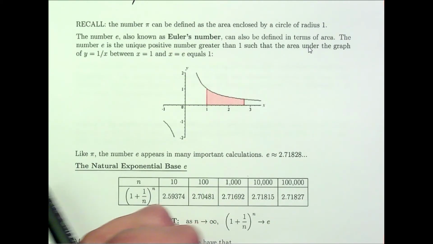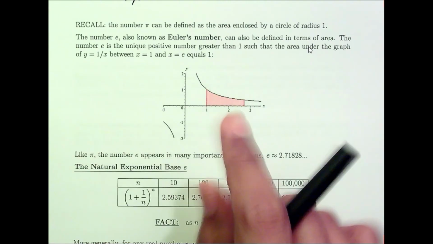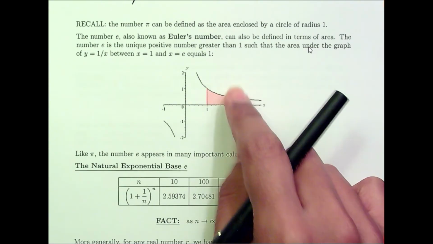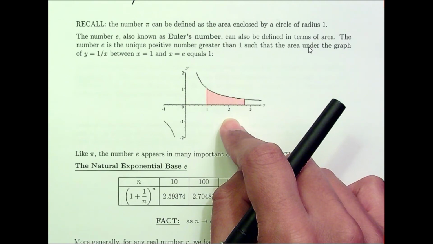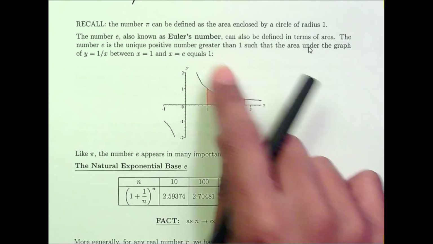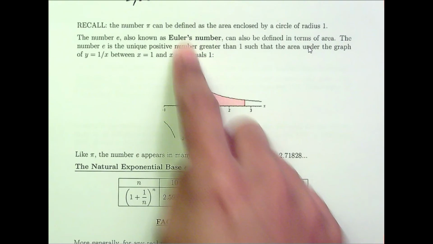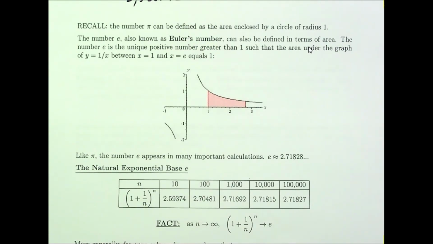The other ways you can define e is using calculus, so that's above our pay grade, so we can just define it in this easy way using area. So using area, how do you describe e? Well, if you draw the graph of y equals 1 over x, you have this curve right there.